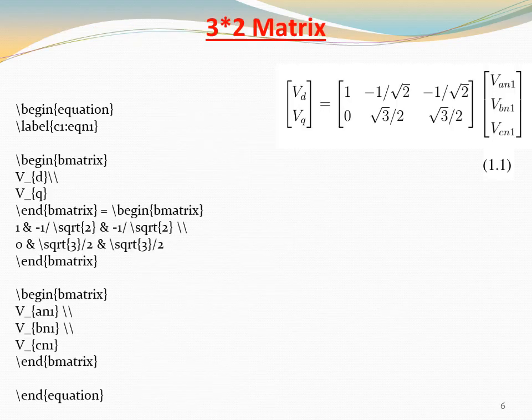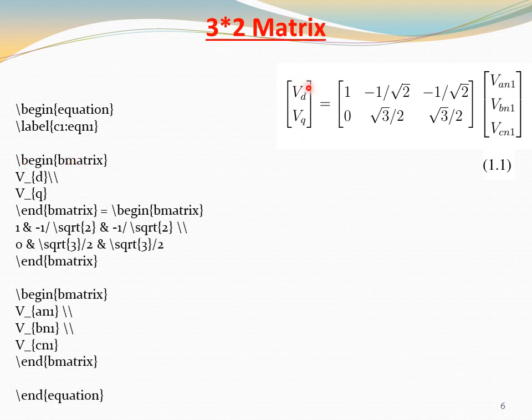Now let's see a 3 by 2 matrix. In this equation, a total of 3 matrices are there. So this is the first matrix, this is the second, this is the third. The equation starts with \begin{equation} and is labeled with chapter 1 equation 1. Then we start with \begin{bmatrix}.